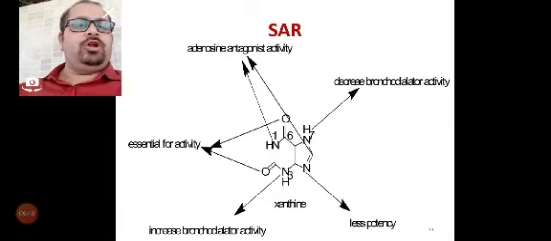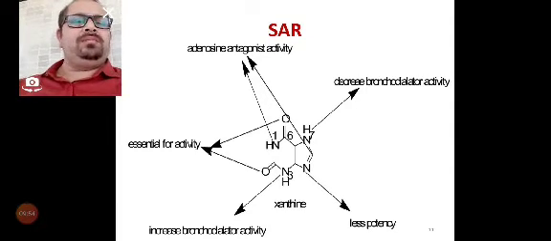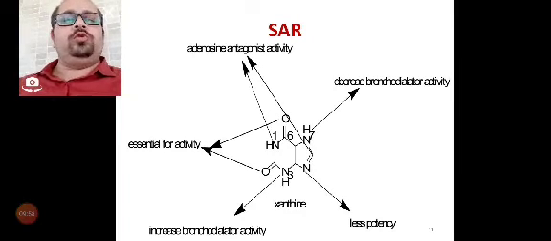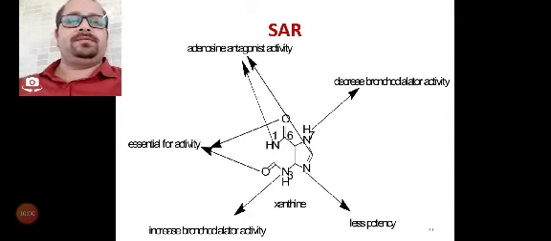The carbonyl functional groups at the 2 and 6 positions, or we can simply say the purine basic nucleus, is an essential pharmacophore to be a CNS stimulant.